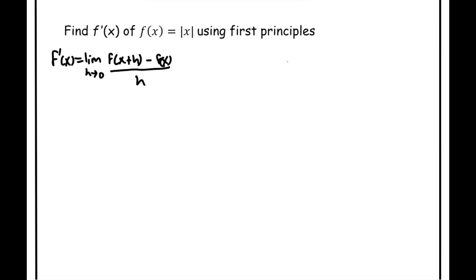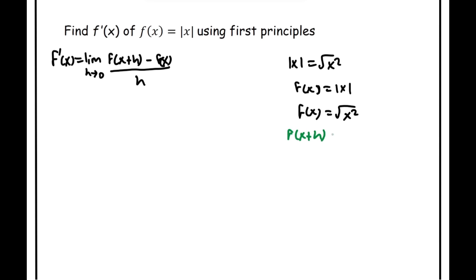Okay, we've established that the absolute value of x is equal to the square root of x squared. This is the understanding we'll use. Our f of x initially was the absolute value of x, but if these two are the same, that means our f of x is now the square root of x squared, making our f of x plus h the square root of x plus h squared.